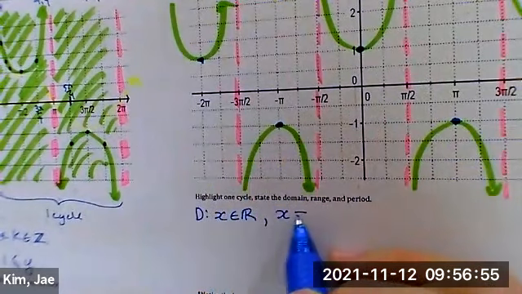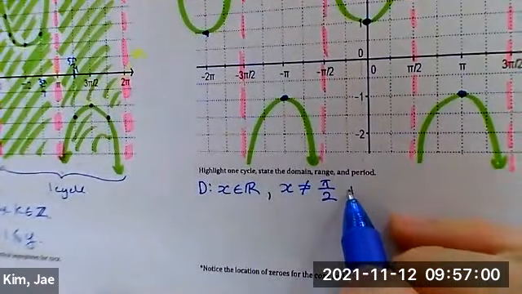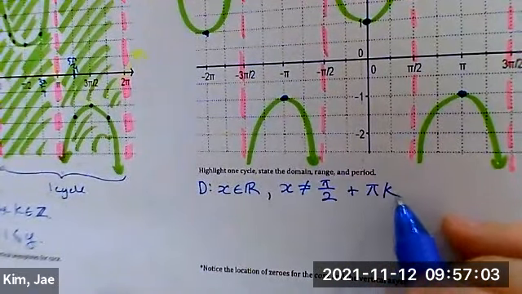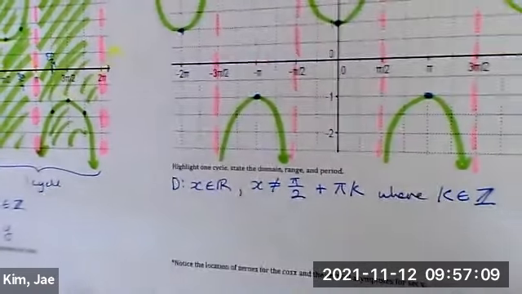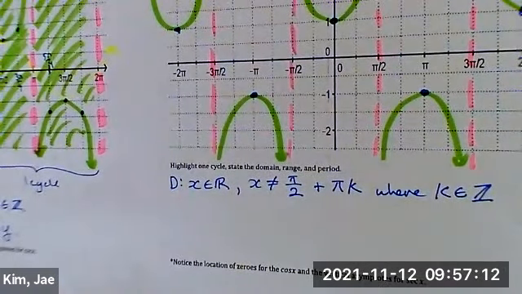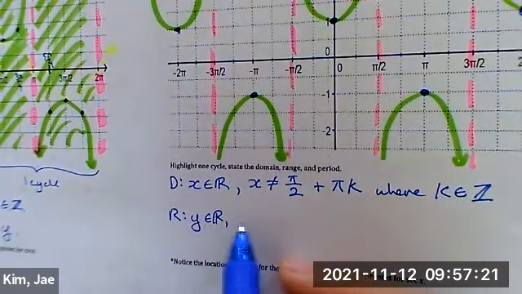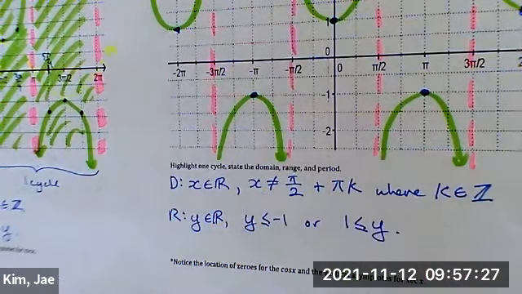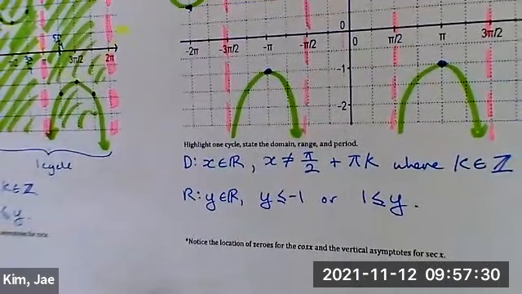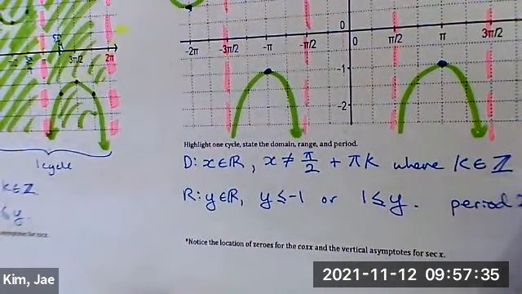So X cannot be pi over 2 or pi over 2 plus a multiple of pi. And the range, same thing as before. Well, I forgot period, but you know that the period is 2 pi.